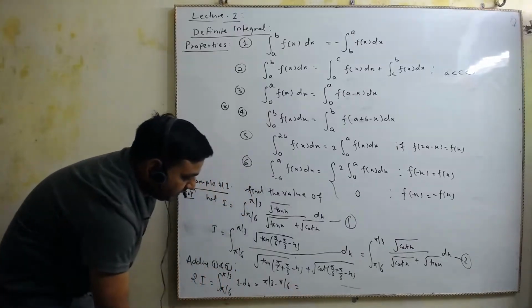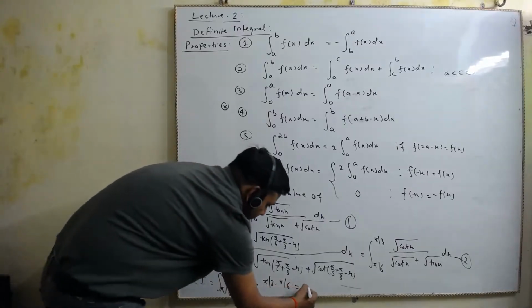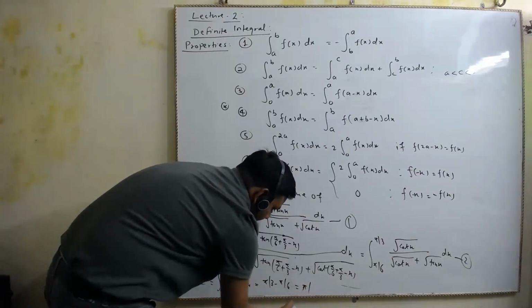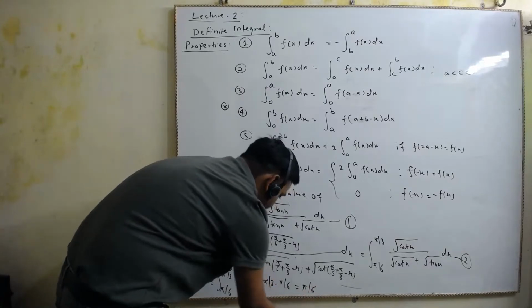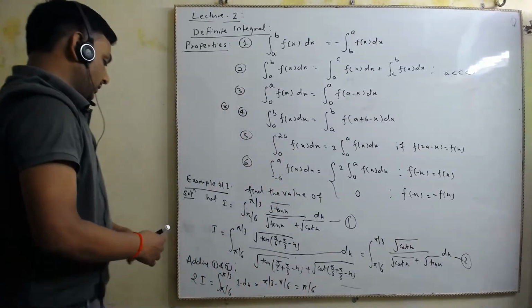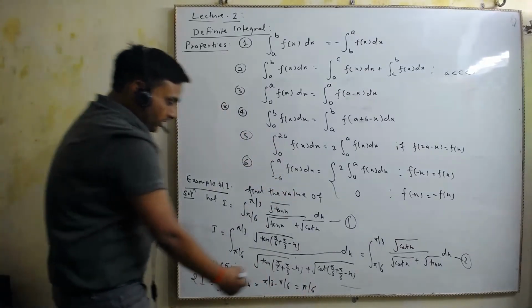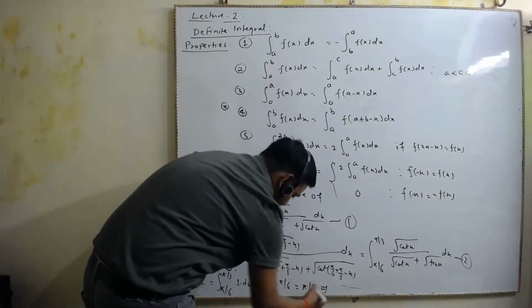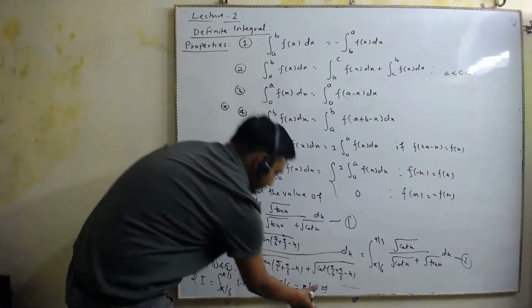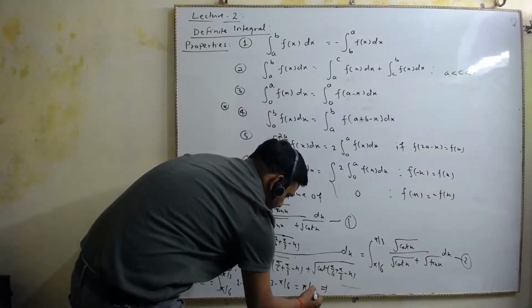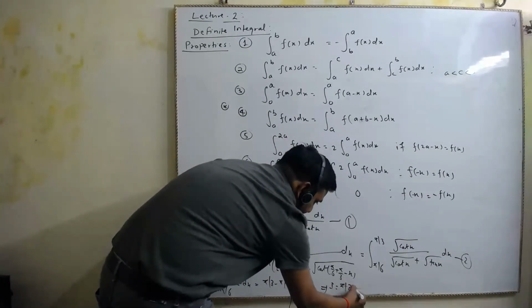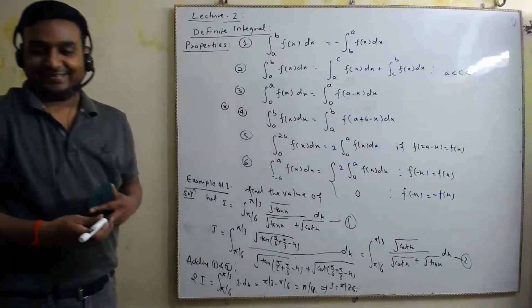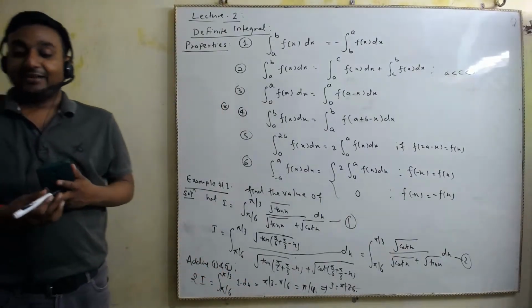So this will be what? 2 pi minus pi, that is pi by 6, right? So this is how the value of 2I becomes pi by 6, so I equals pi by 12, okay?